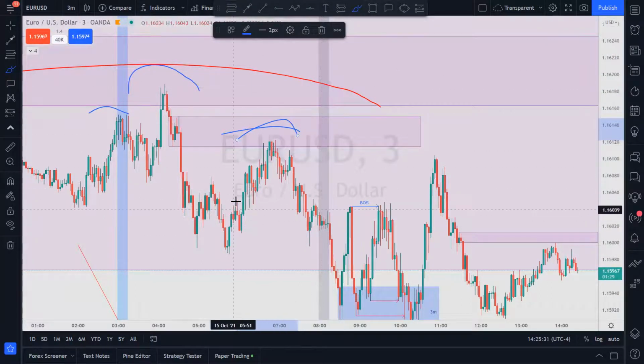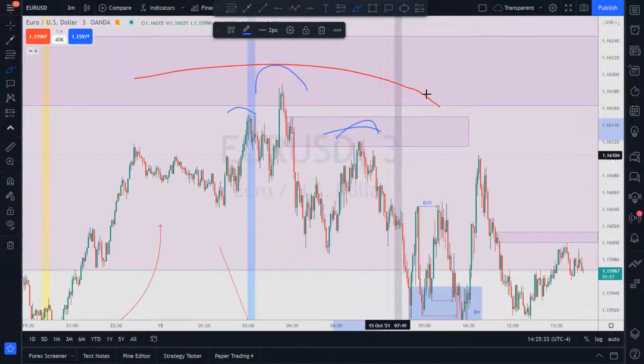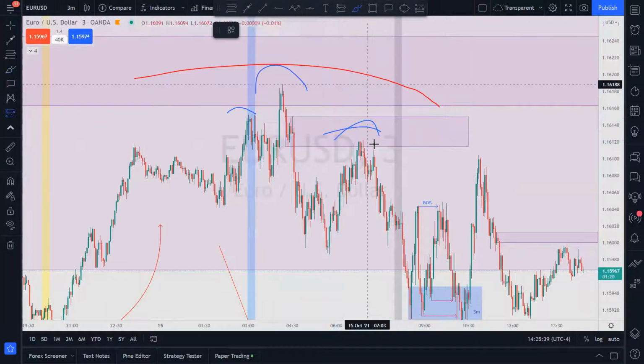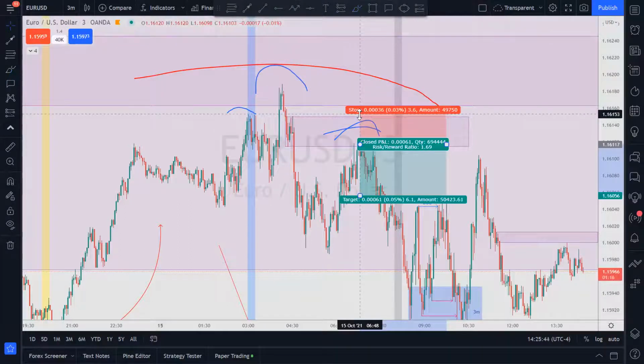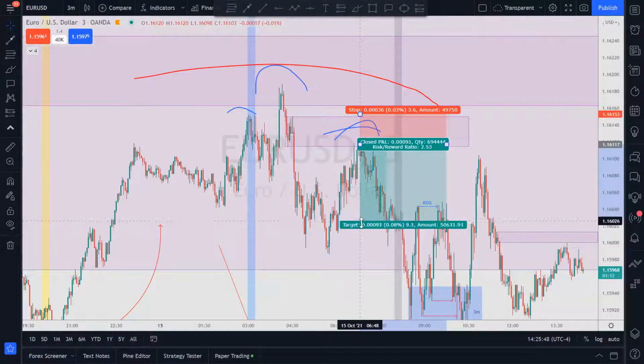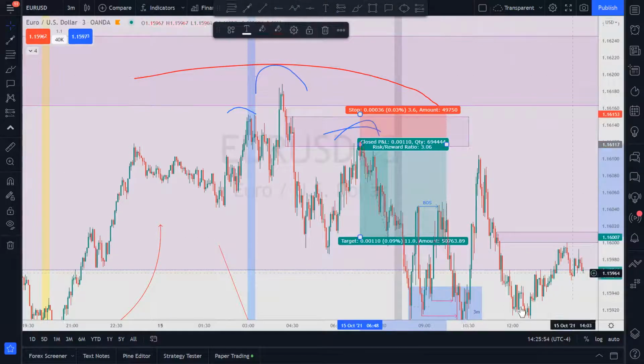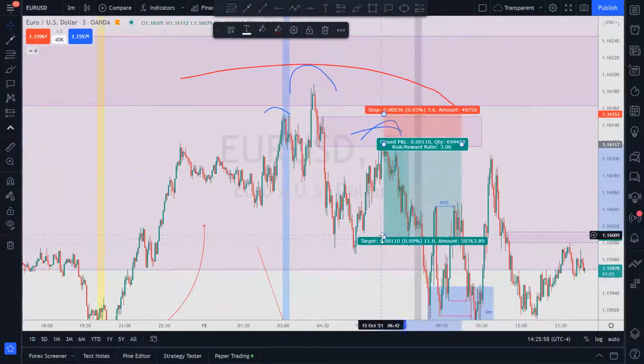All right. Now, I'm going to tell you, if you're up at this hour, this is your optimal trade entry. This is where you want to get your trade in. You want to put your stop loss above the order block in which you enter. You want to shoot for at least 3R, right? And at 3R, you take most of your risk out.